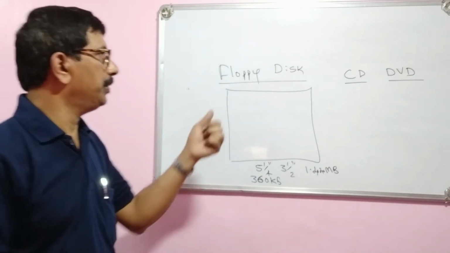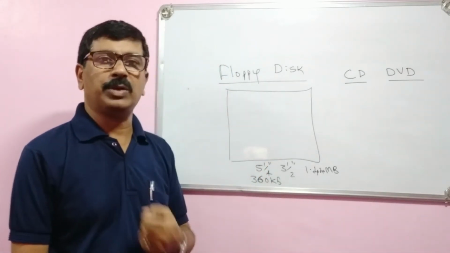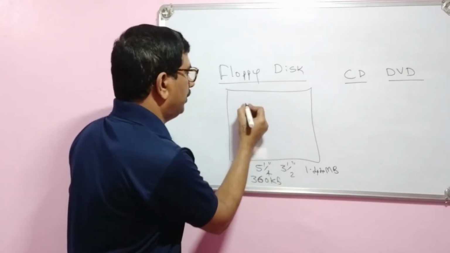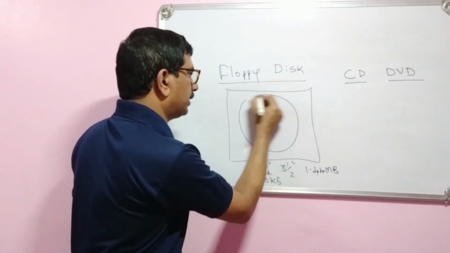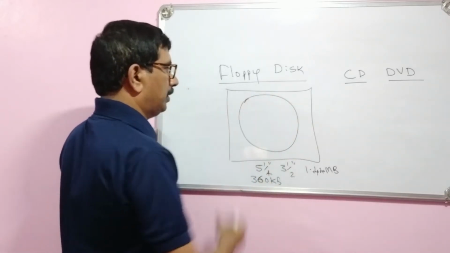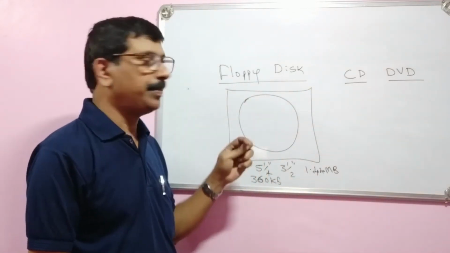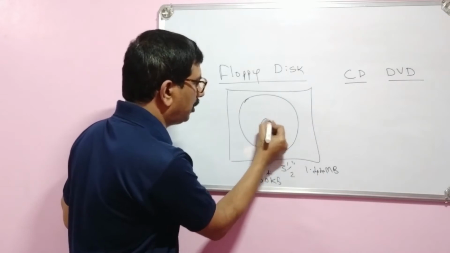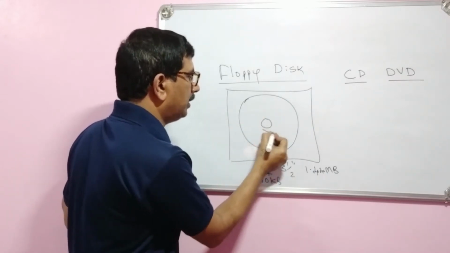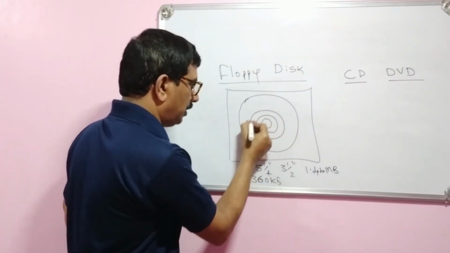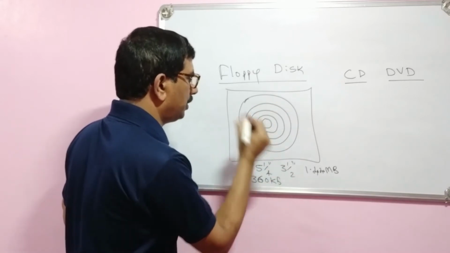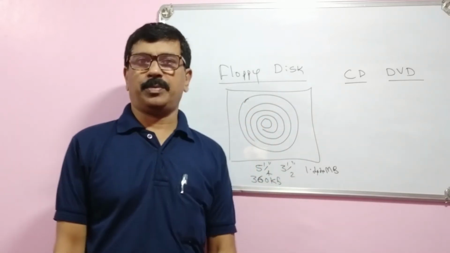Okay, but before that we will see how this floppy disk works. The floppy disk contains one magnetic disk. There is a casing or jacket for the protection of the magnetic disk, and internally there is the magnetic disk. In this magnetic disk, the information is stored in a circular manner.